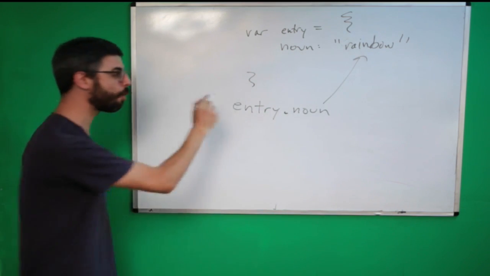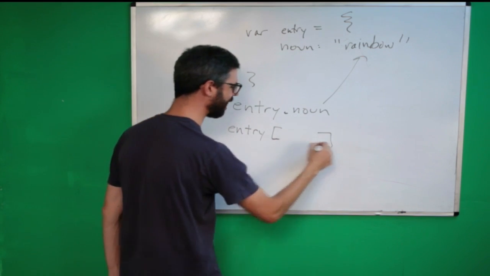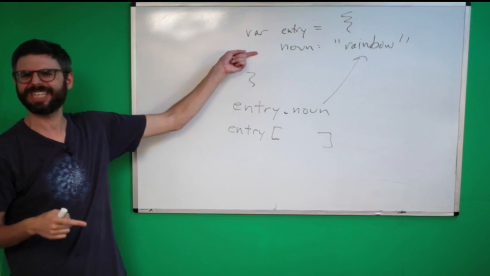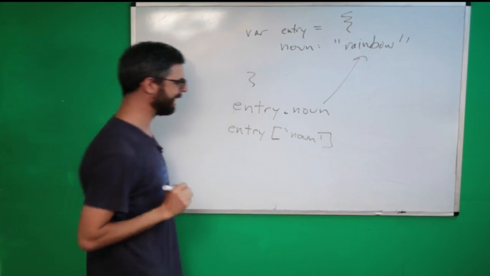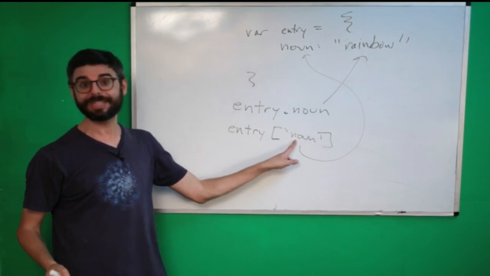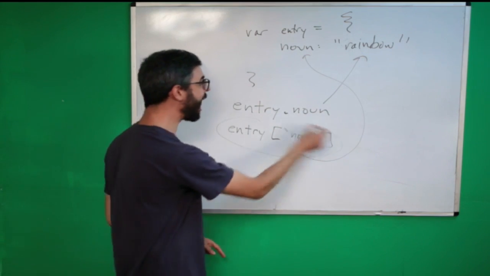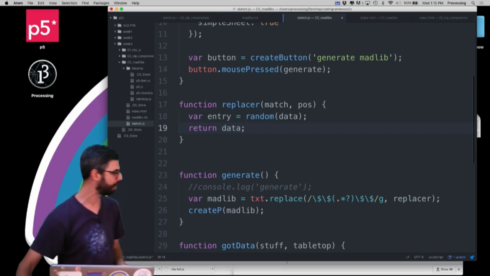But guess what another way to say this is? Entry bracket, bracket. Now this looks like it suddenly is an array, and I would need to give it an index, but I don't have to. If I give it a string, like noun, this is actually looking up the property that is named with the text inside that string.